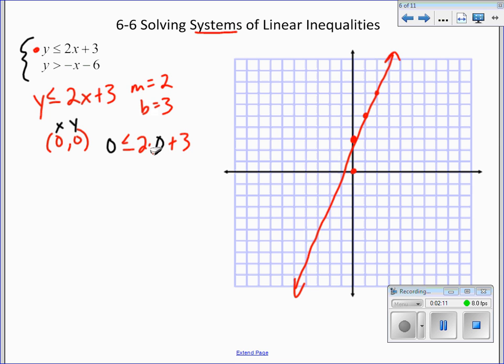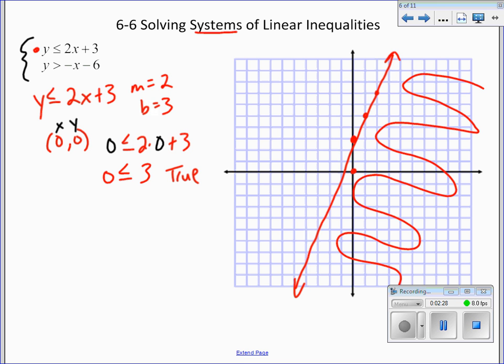Well, 2 times 0 is just 0, and 0 plus 3 is 3. So we're asking ourselves, is 0 less than or equal to 3? Since it is, we would say that this is true, and that the point 0, 0 is part of the solution. So we would shade the side that 0, 0 is on, which would be this one.